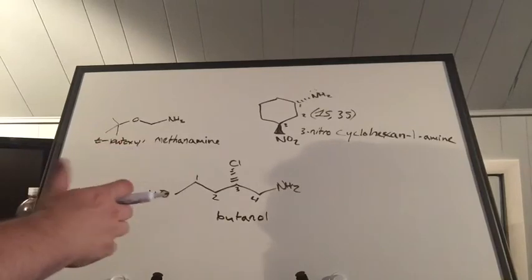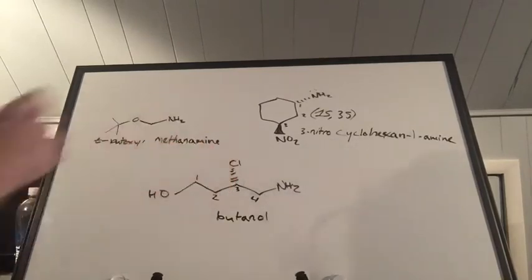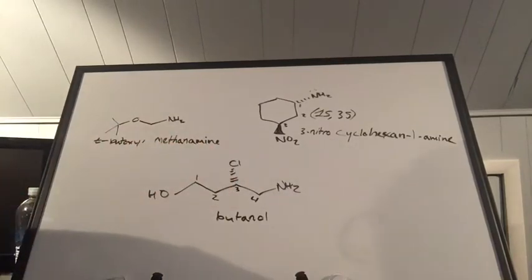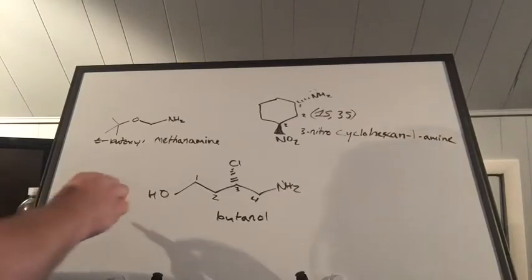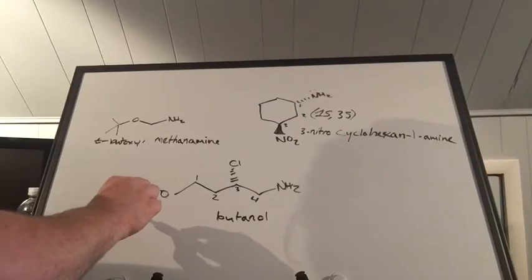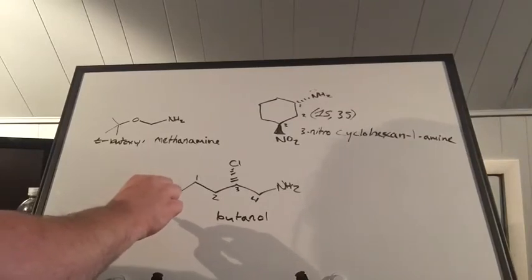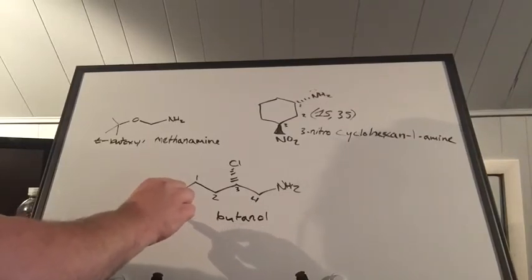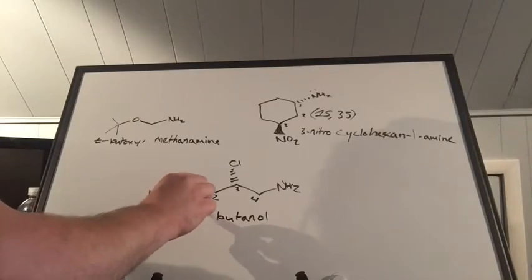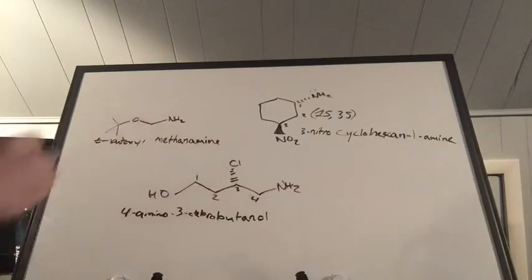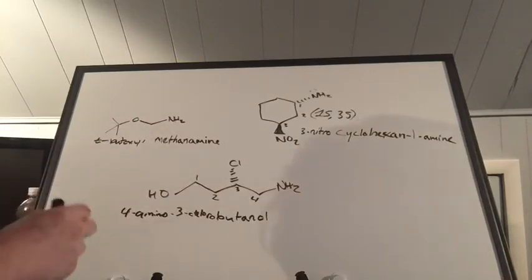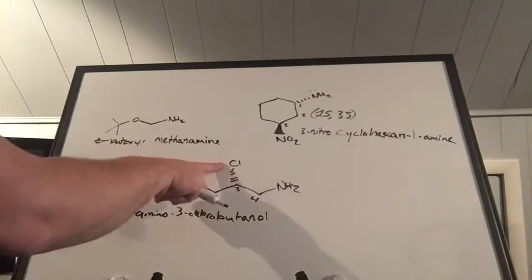All right, so we have a stereo center right there, okay? So we're going to put 4-amino, since we're looking for alphabetical order here, 3-chloro, butanol. But 3 is going to be stereo specific. Chloro is going to be top priority.